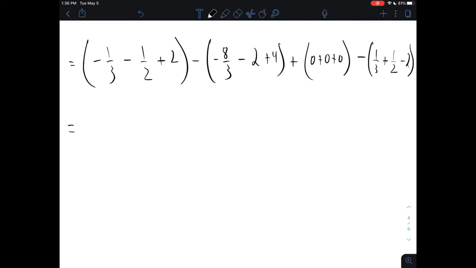So then -1 third minus a half is -5 over 6 plus 2. And then I would have, after subtracting these, I'll have plus 8 thirds. And then a 2 minus a 4, that's a -2.